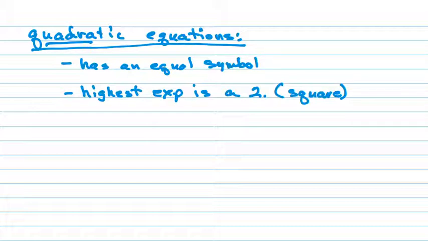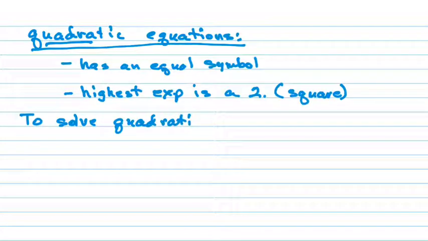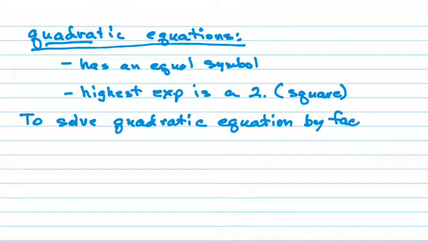Okay? So what we're going to do today is look at how to solve quadratic equations using a very specific method. And we were learning how to factorize, so what do you think we're going to use to solve it? Factorizing. To solve quadratic equations by factorizing.